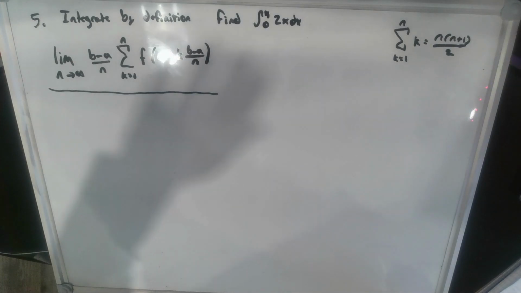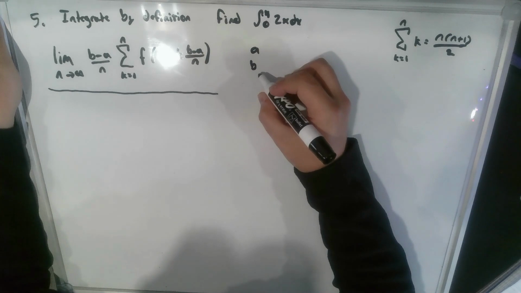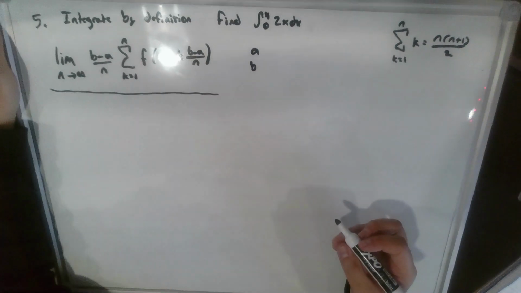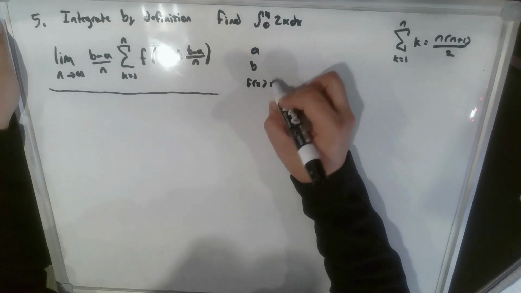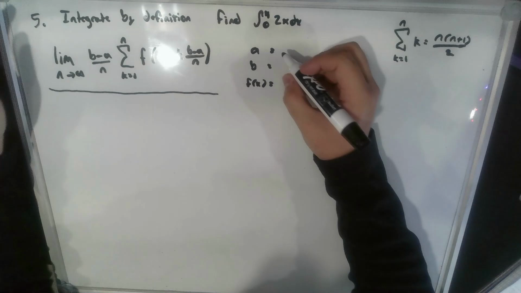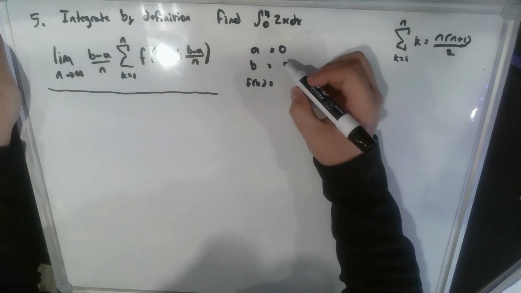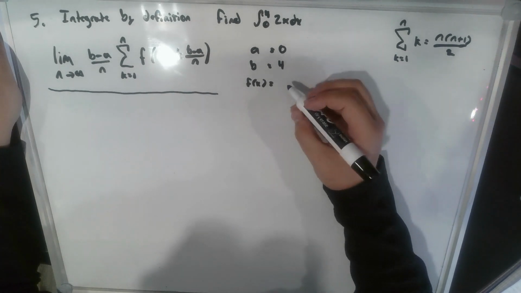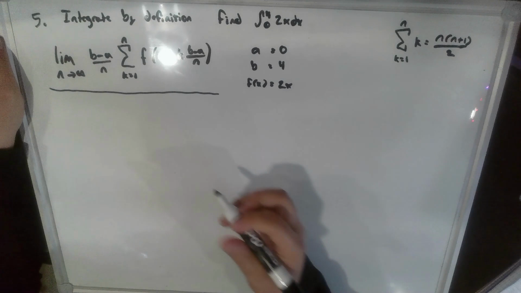First thing is you have a, b, and then f of x. a is the lower bound, which is 0 right here. b is the upper bound, which is 4. f of x is just 2x. So now we can plug in.